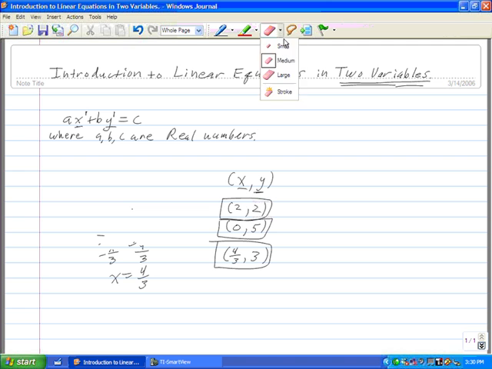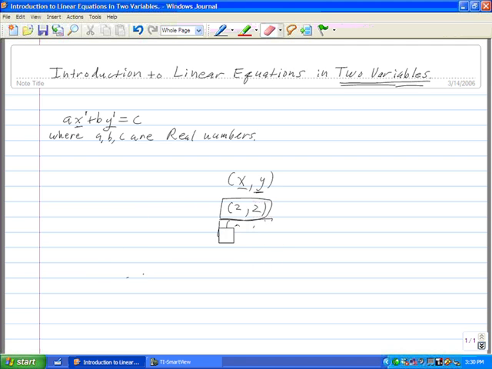So let's try a couple and see if we can determine when we do and when we do not have solutions. We'll start off with a fairly easy example. Let's say we had y equaling x plus 7. These will be yes, no, true, false type questions, of course.